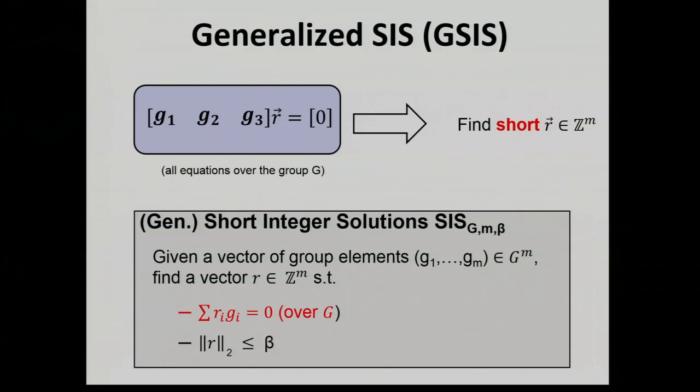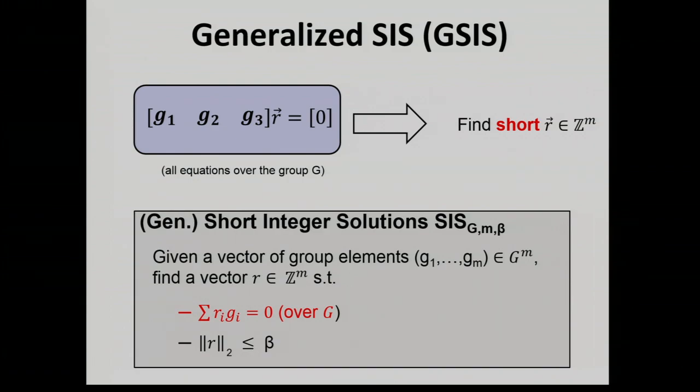So I could cast the short integer solutions problem in a little bit more generality as a generalized SIS, which says I give you a bunch of group elements. Group elements here correspond to vectors, columns of the matrix before. What was the group there? It was Zq to the n.